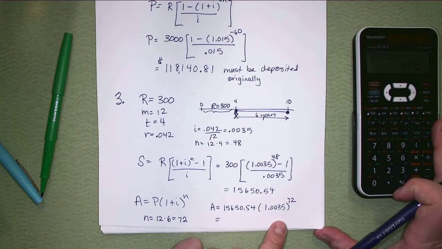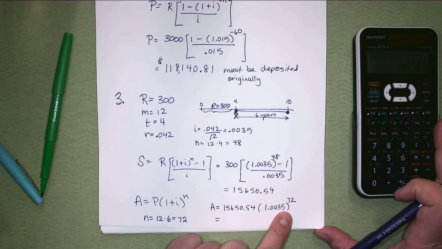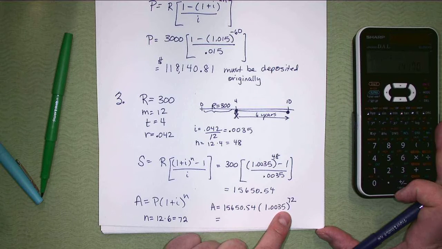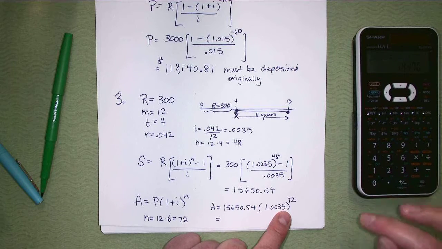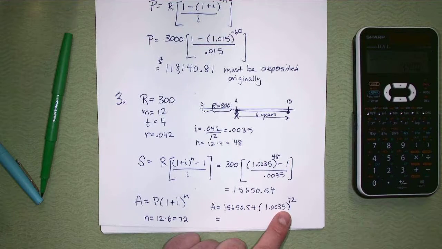All this is doing is multiplying by the interest rate 72 times. Like when you do tax, you multiply it by the tax once. This is just doing that every time, every month. It's adding more tax on, kind of thing.